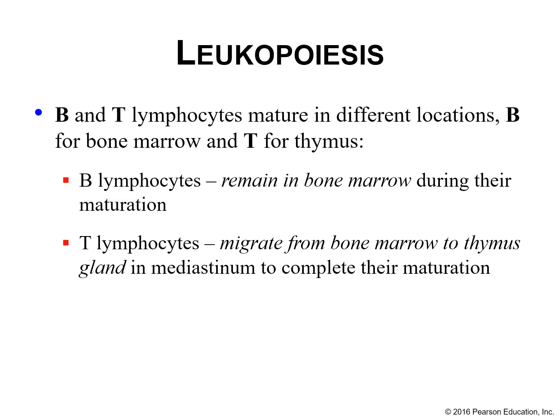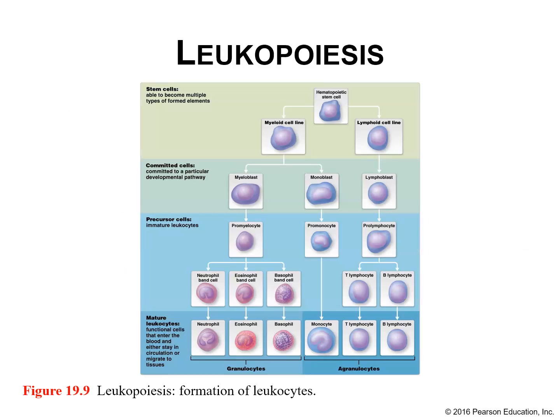So B lymphocytes remain in the bone marrow during their entire maturation process, and your T lymphocytes will migrate from the bone marrow to the thymus gland, which is located in the lower mediastinum, to complete their maturation. But remember, the thymus gland is very active in infants and children, but it's not very active in grown adults. Once you reach adolescence, the thymus gland starts to regress in size.